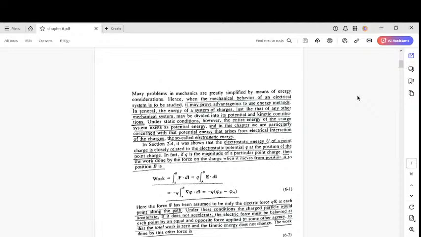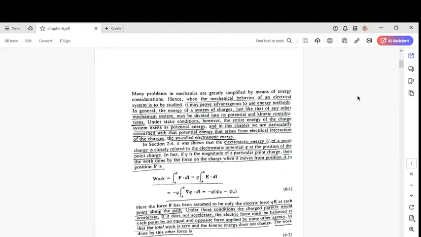Under static conditions, however, the entire energy of the charge system exists as potential energy. Whenever we deal with a system of charges, the entire energy will be potential energy.